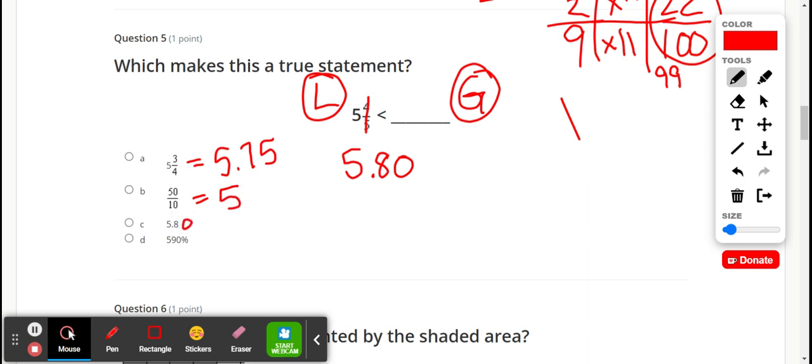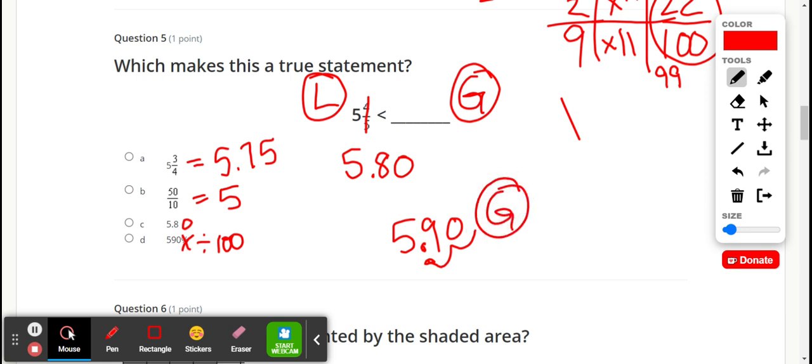And then the last one, we need to divide that by 100 to cancel the percent. So dividing that by 100 is going to make it 2 decimal places smaller. So this would be the greatest out of all of these.